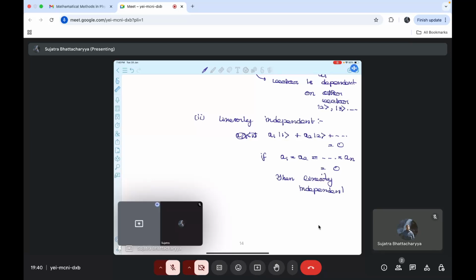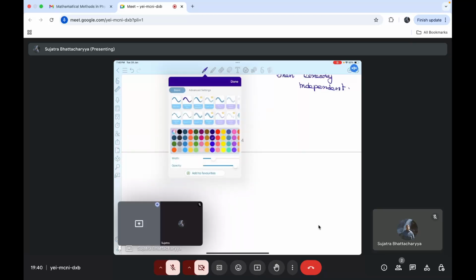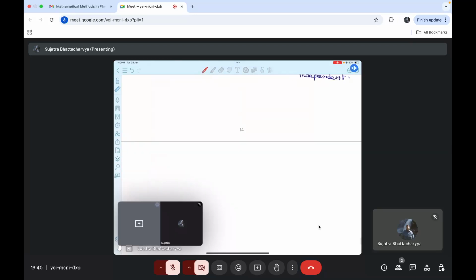Okay, so this is the linear independence. Fine. Next, we will go to the last part of today's lecture, which is the row reduction technique, and finding the rank. So, row reduction and rank of a matrix are essentially the same.